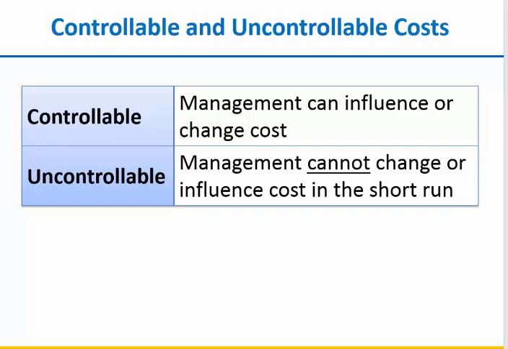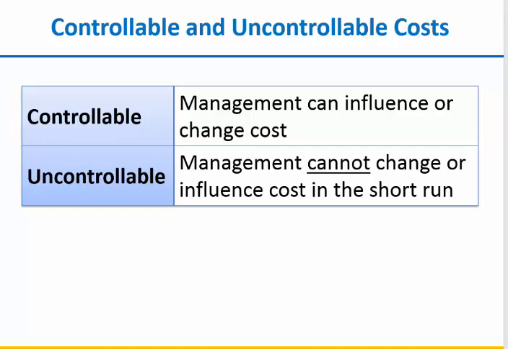For instance, the salaries: the manager can decide how much he or she is going to pay the newly hired employees. Of course, it's basically the negotiation result, but most likely the manager can control the salary expenses. So apparently the salary expenses to me are controllable costs.